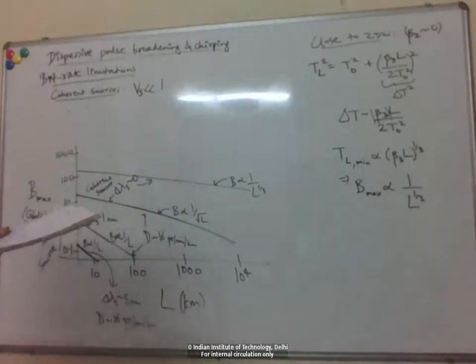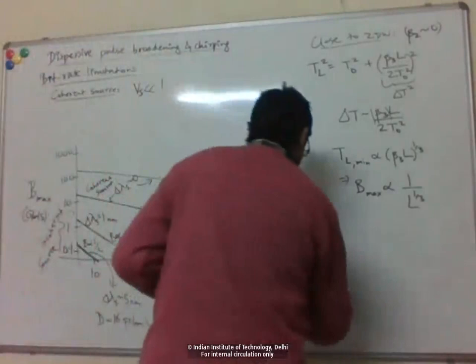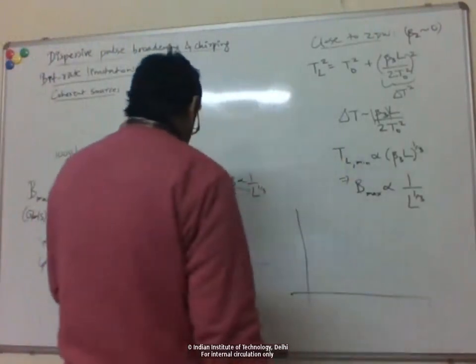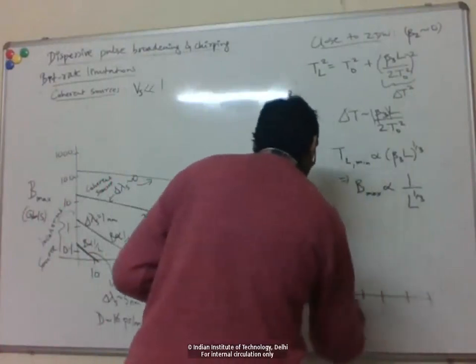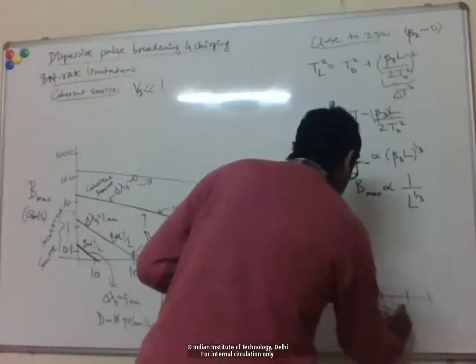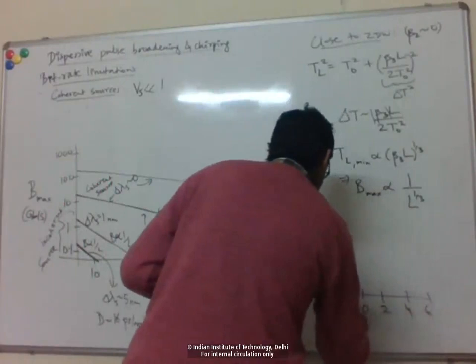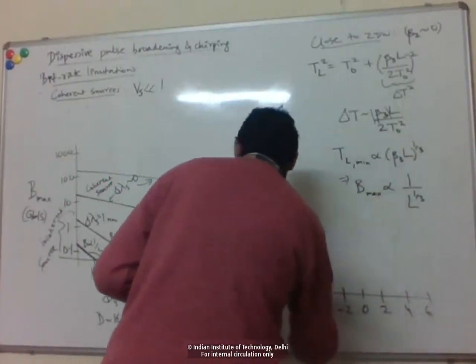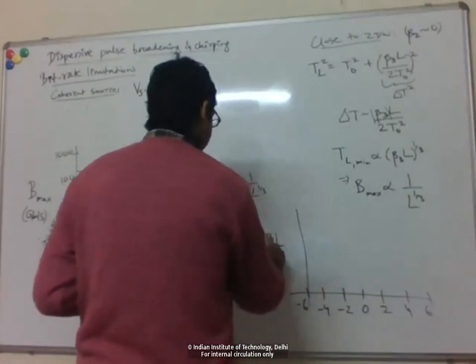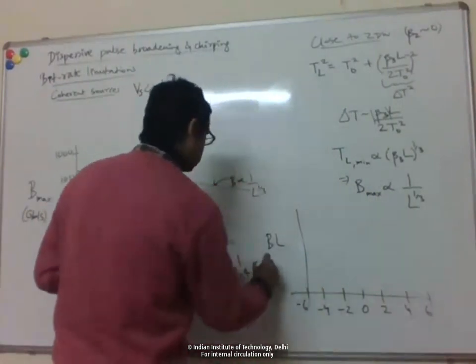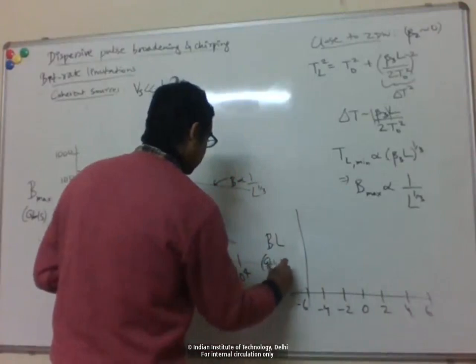Okay, and finally, this importance of the chirp. We can also do a plot with chirp. So if we plot this figure of merit, bit rate times length, in gigabit per second kilometer.